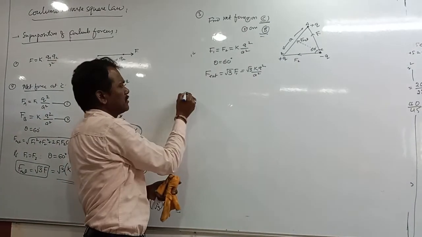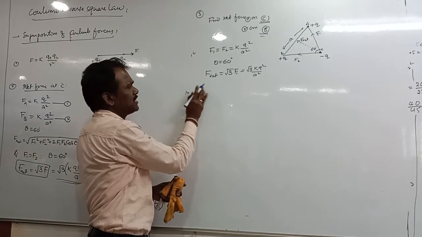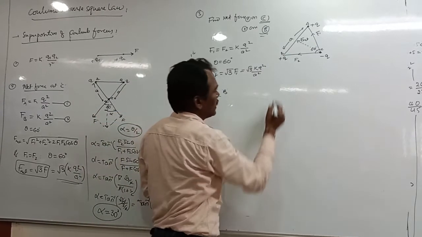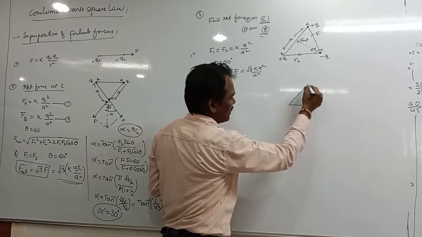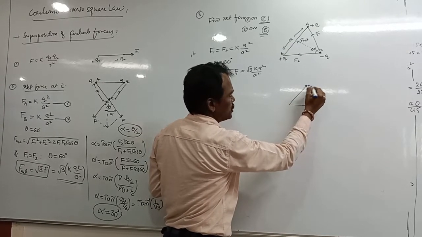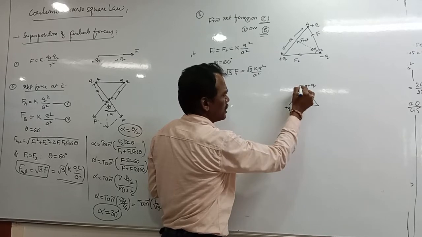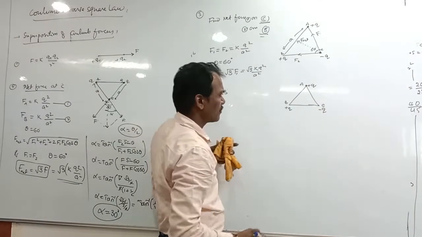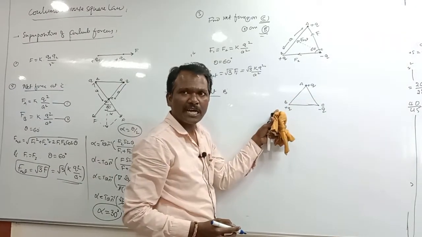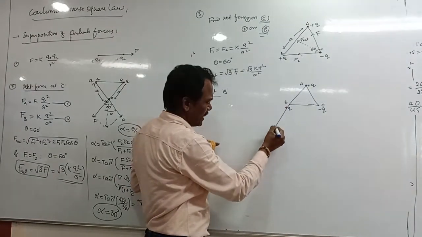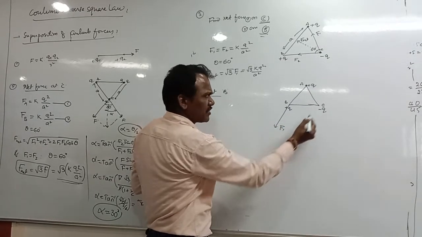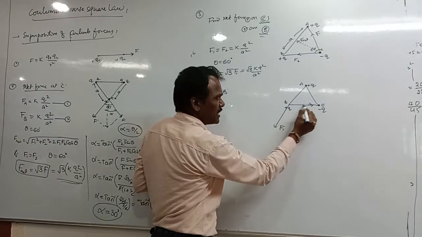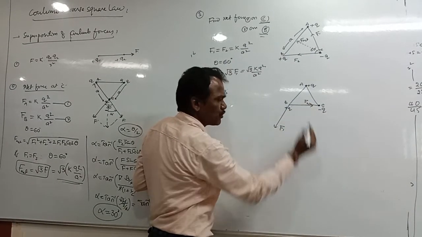And at C, F at B, what is the force here? The positive charge A, B, C, minus Q is there. This positive charge can repel in this direction with F1. The negative charge is attracting in this direction, that is F2.